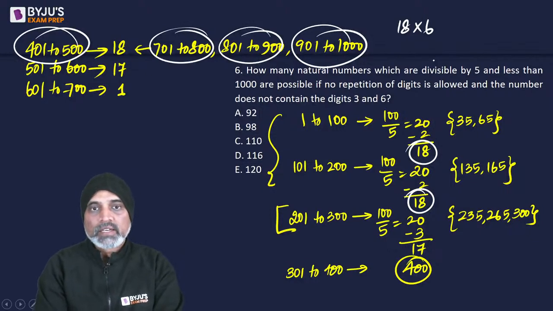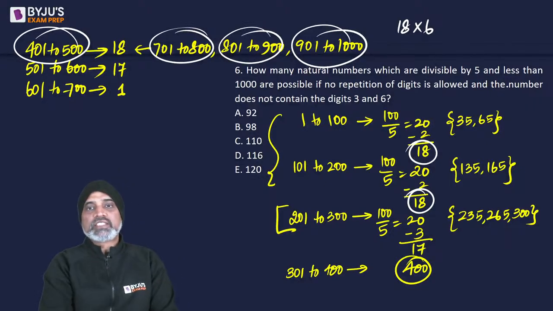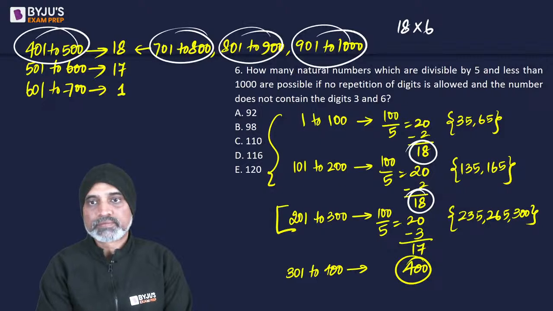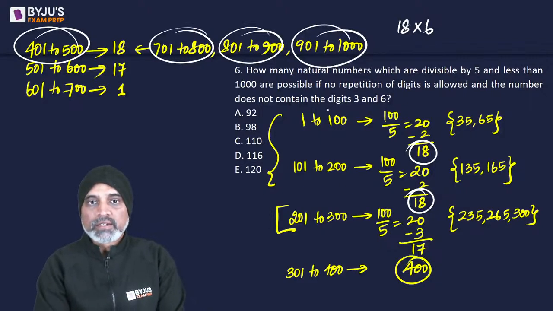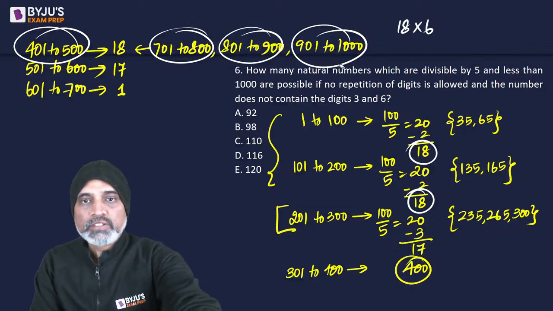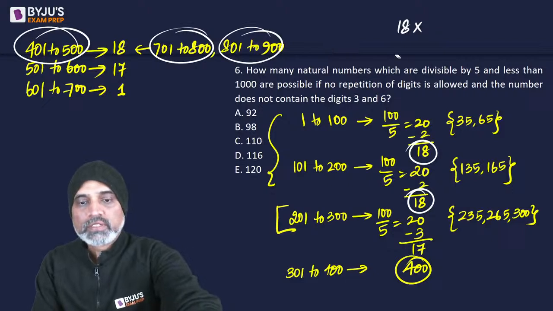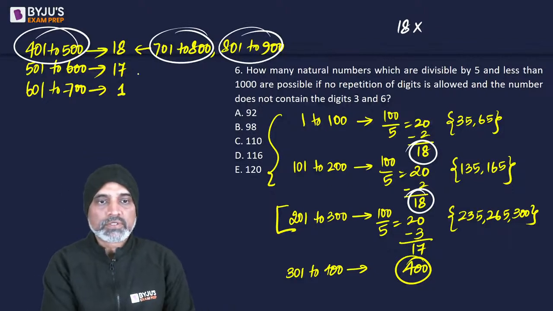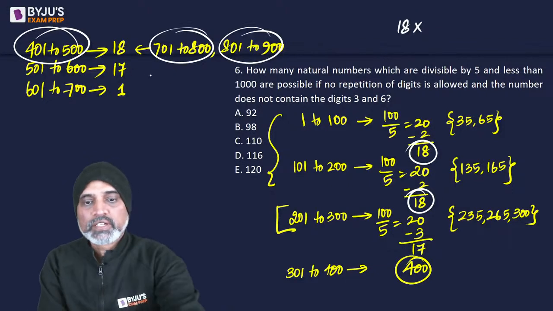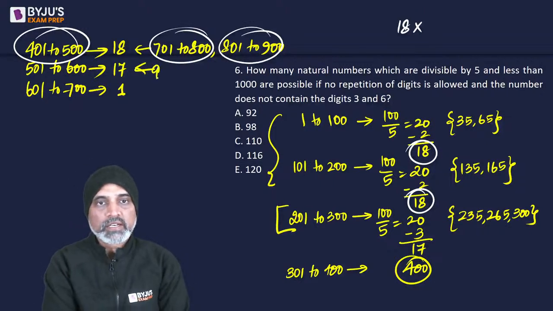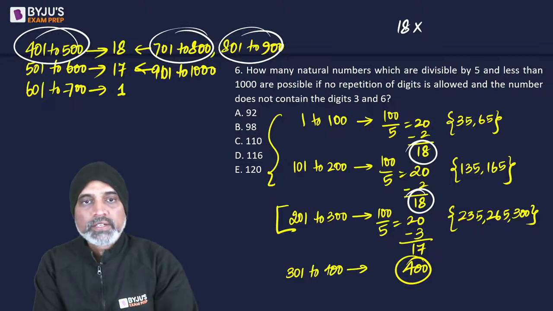Okay, 901 to 1000 we can't take because it says less than 1000, right? Less than 1000, as in 901 to 1000, we can't take 1000.